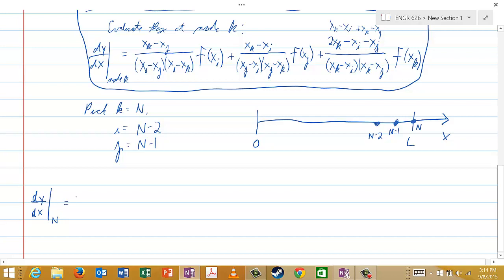Okay, it will be xk minus xj. Now remember, this is node i and j and k. So xk minus xj will simply be 1 delta. And in the bottom we have xi minus xj. That's negative delta, because as you can see from the figure, xi is at node n minus 2 and xj is at node n minus 1. So xi minus xj is actually a negative number, and it's negative 1 delta. xi minus xk is negative 2 delta.